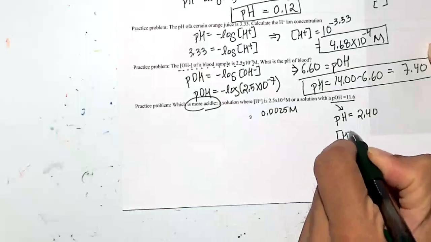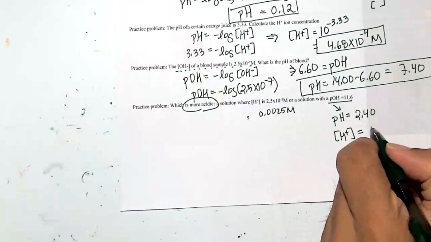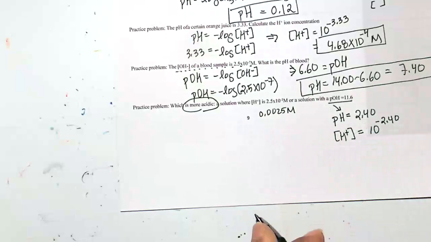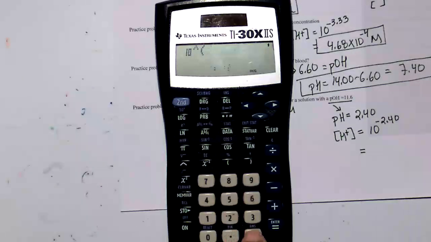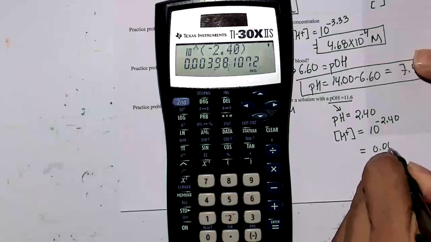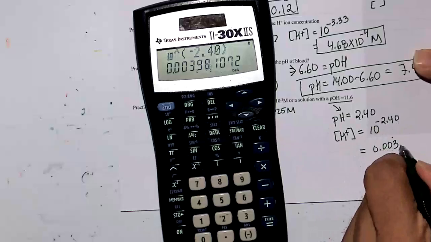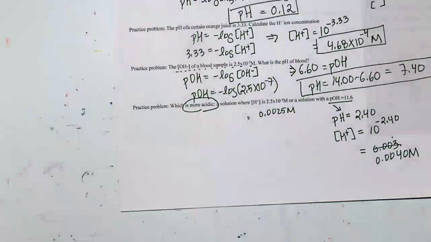So what's the hydrogen ion concentration of something that has a pH of 2.4? It's going to be 10 to the power of minus 2.4. And what's 10 to the power of minus 2.4? 0.0040 molar.